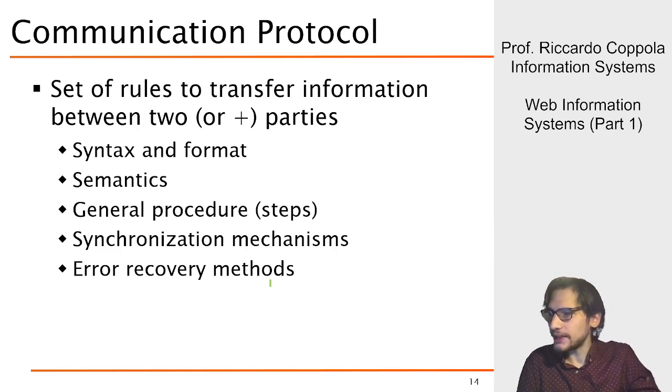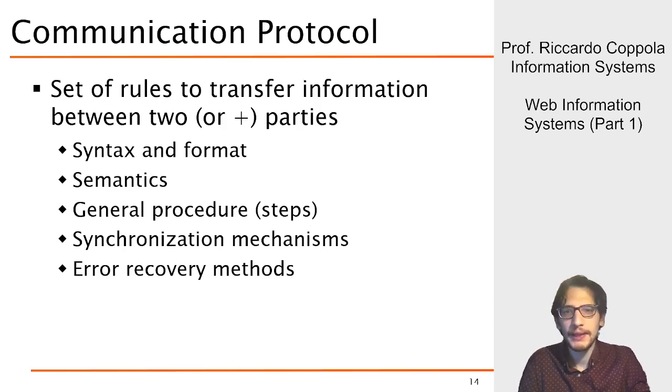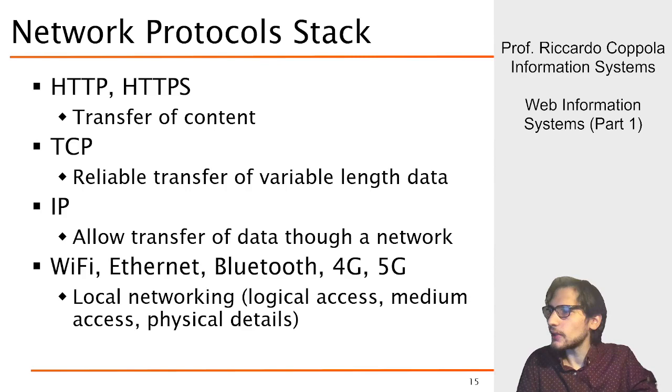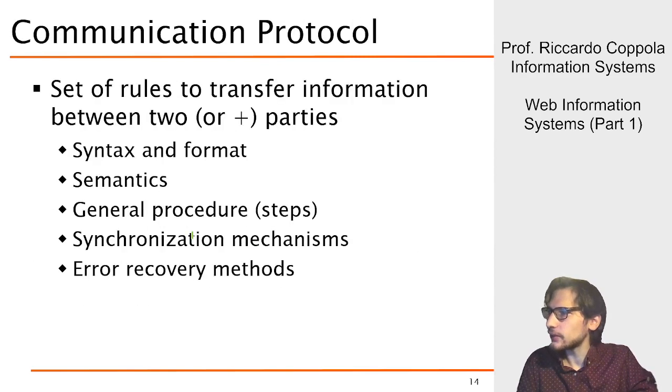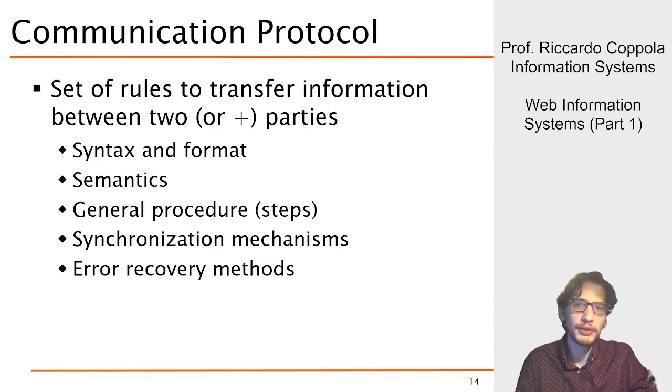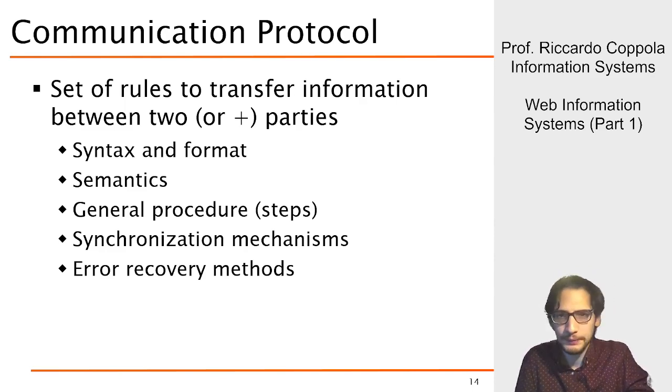Of course, I will need synchronization mechanisms because the communication between the elements on the internet and on any network will be governed by a strict turn-based communication, so I will need to synchronize all the messages that I exchange. And I also will need mechanisms to solve possible errors in the communication. If you think that you have a loss in your communication, you need to solve missing data that are there.